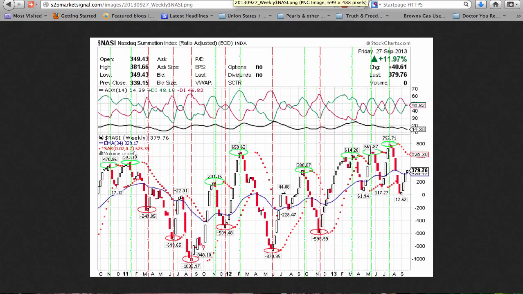The well-known market breadth indicator, the Nasdaq McClellan Summation Index, rose 41 points for the 8th rise in 18 weeks.